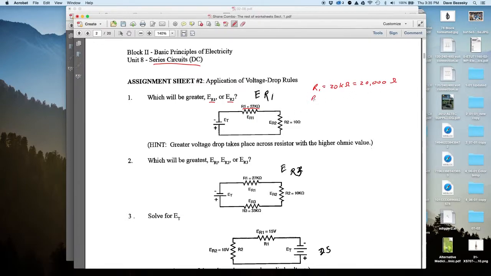Now R2 is equal to 10 ohms. Well, clearly 20,000 ohms is much bigger than 10 ohms. So the largest drop is going to be ER1.